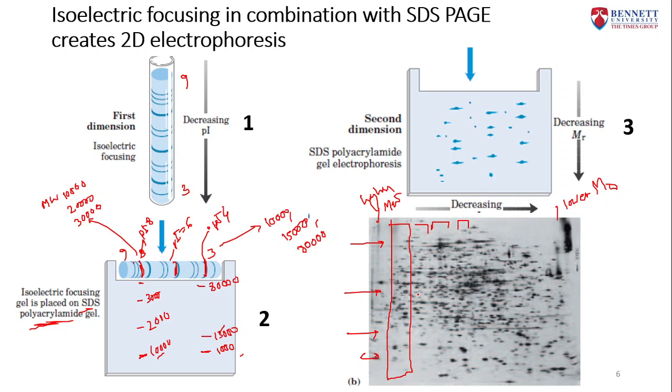Because they had different pIs, isoelectric points, they are separate. Otherwise they would have formed a single band. So it's a really great analytical technique for separating proteins of different isoelectric point, and then with different size-based separation.